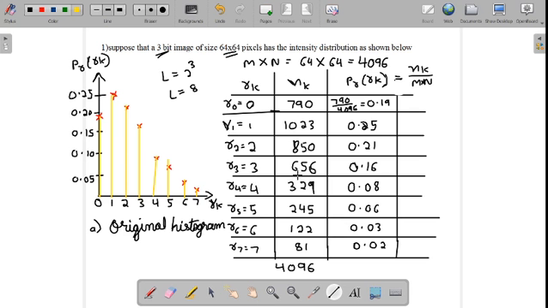Okay, this is your original image. Still, you are not yet into the solution of the given problem.